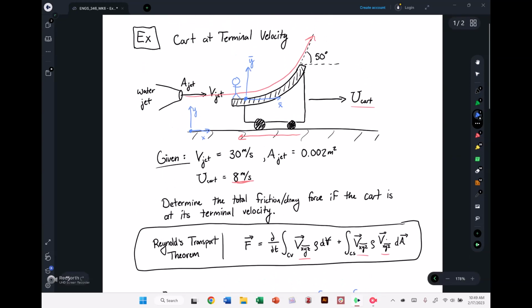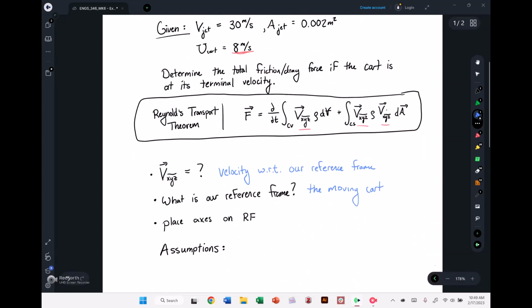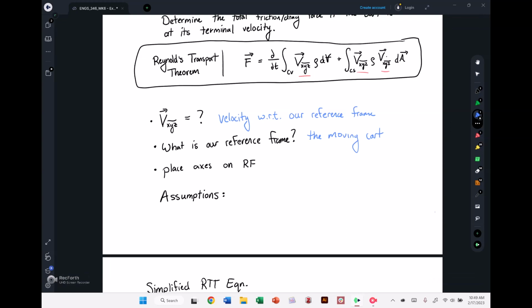This is a special kind of reference frame because the cart is moving at a constant velocity. So this we'll call an inertial reference frame. And maybe you have heard something like that in a physics class, an inertial reference frame, a reference frame moving at constant velocity.